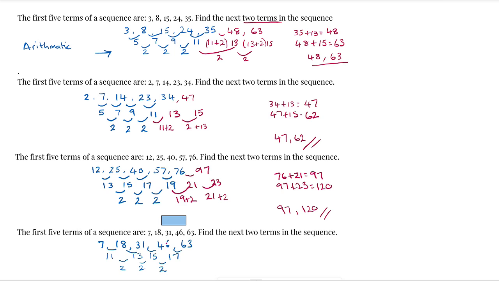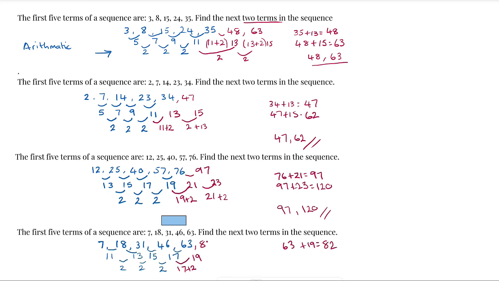And then finally another one. Find the next two terms in the sequence. I've done all the groundwork. So we have 2 plus 17, 19. So we have 63 plus 19 equals 82.